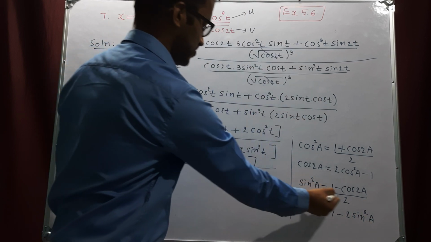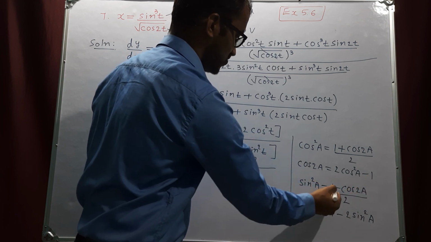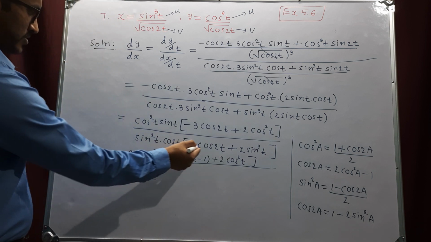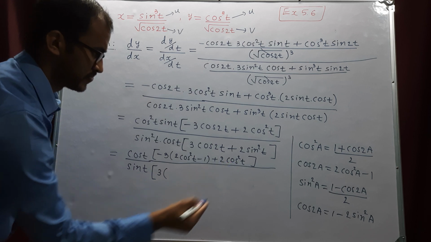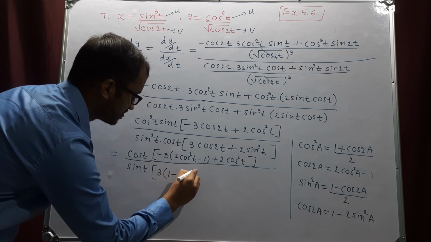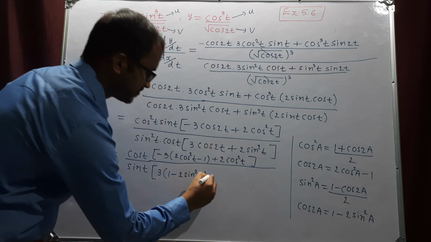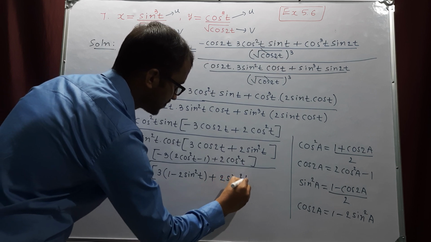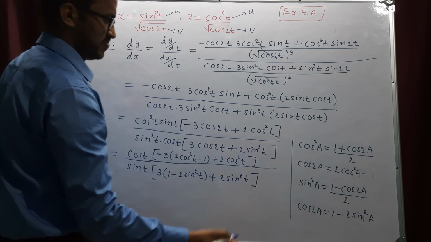So from this one, 2 sine square a is equals to 1 minus cos 2a, or cos 2a becomes 1 minus 2 sine square a. So this cos 2t can be written as 1 minus 2 sine square t plus 2 sine square t. So I am using these formulas.